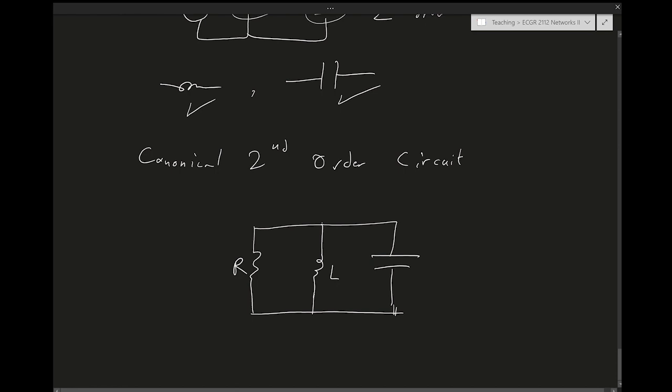And in this case, the state variable is going to be the voltage across those parallel elements. And then the forcing function is a current. It has to be a current because if we make it a voltage, it will force the voltage to be whatever the voltage supply is, regardless of what those elements are doing, right? So we make it a current so that we solve for the voltage.